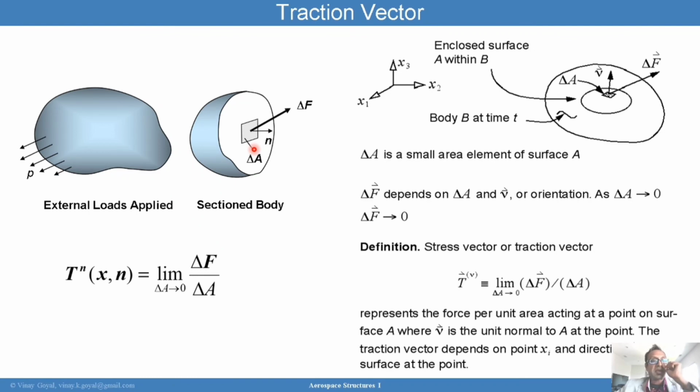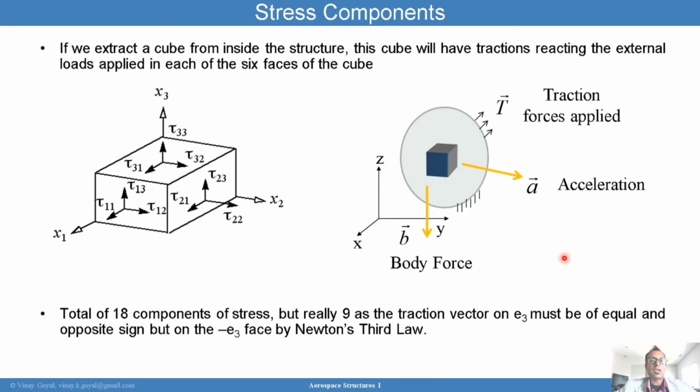So again, I have external loads applied, getting reacted by internal loads in the structure, and I'm calling those a traction vector, which is units of force per unit length. If I were to apply structural loads to a body of material, it has body forces, which are forces that are acting at every point in the volume of the material, like gravity.